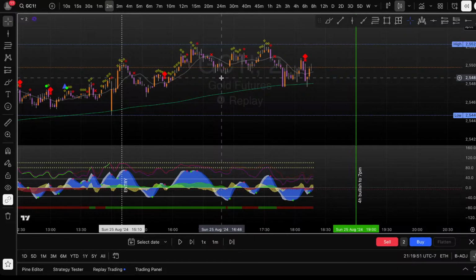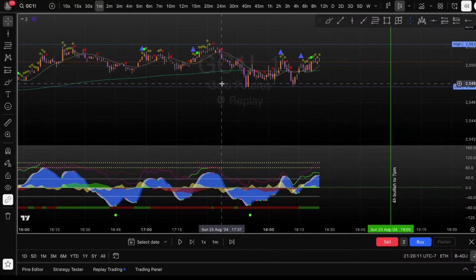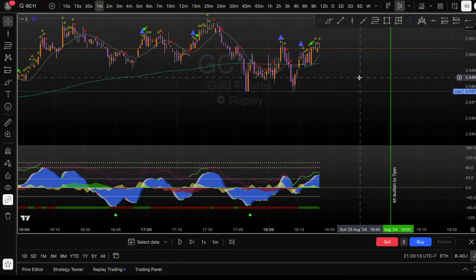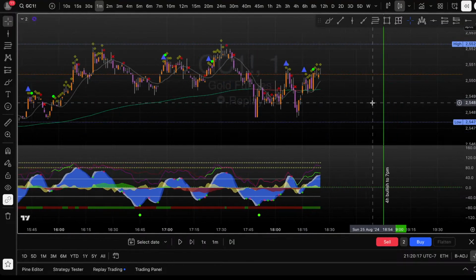Bears don't want to give it up. I like these wicks on the bottom of these candles, though. We can get above. Oh, we got ourselves a little green dot action. That's usually a continuation sign, like a hold what you got. We could continue to do what's happening right now.